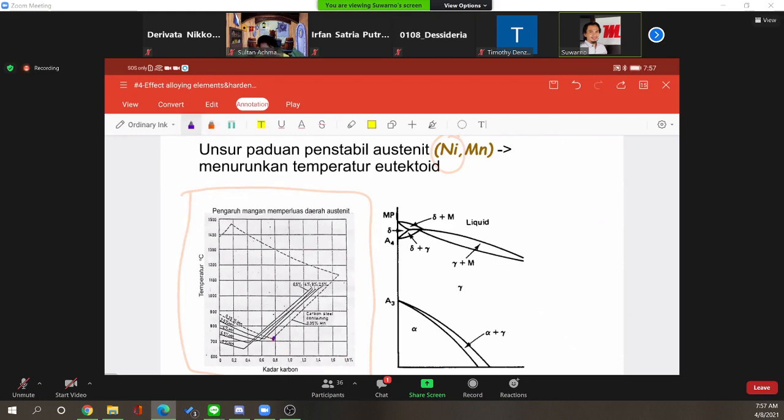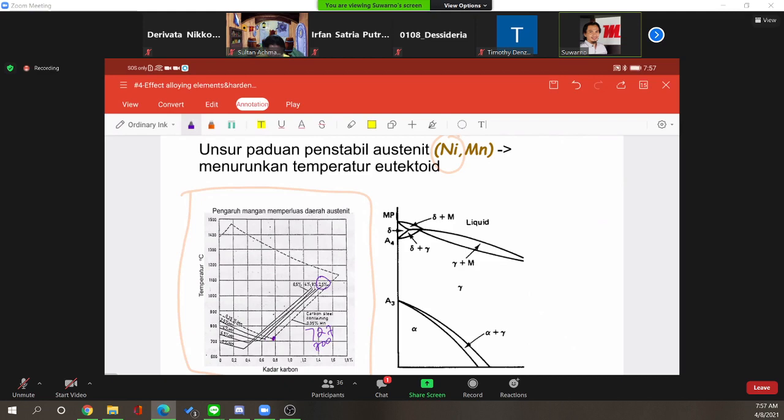This is without any nickel, and then you put more nickel, for example here 2.5% nickel. What happens is that the eutectoid temperature decreases. It's not 727 anymore, but less than that. It could be 700, or even less than 700.